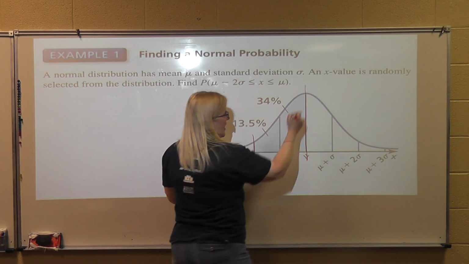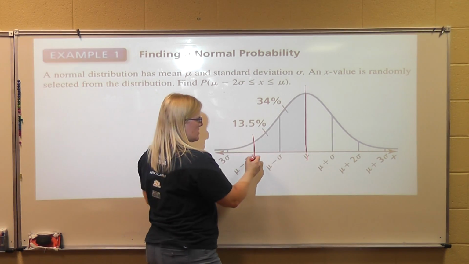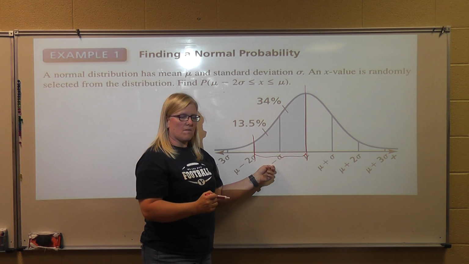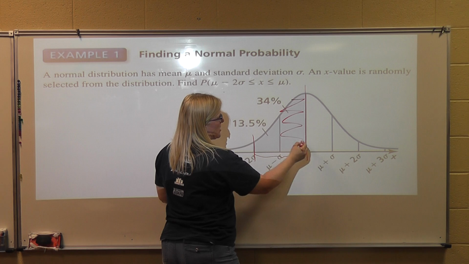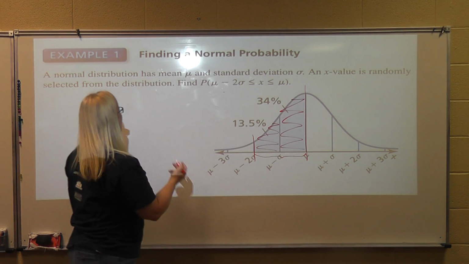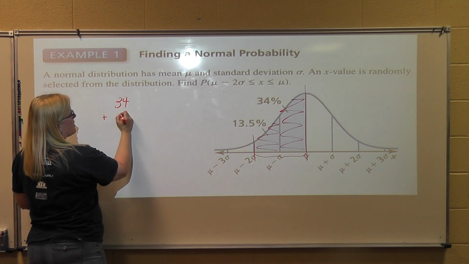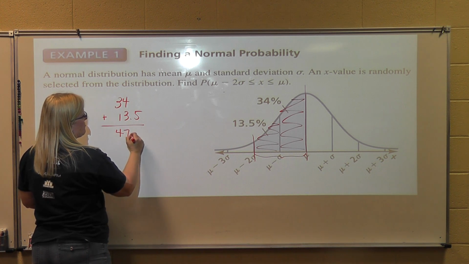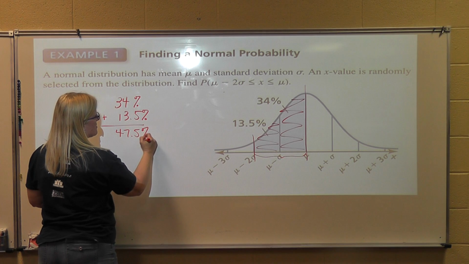And mu, and they've already outlined that for you. So x is falling somewhere between this. Well, I just need to come up here, and I know it's this section plus that section. So 34% plus 13.5% is 47.5%.